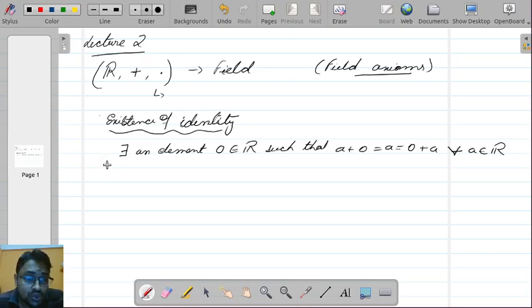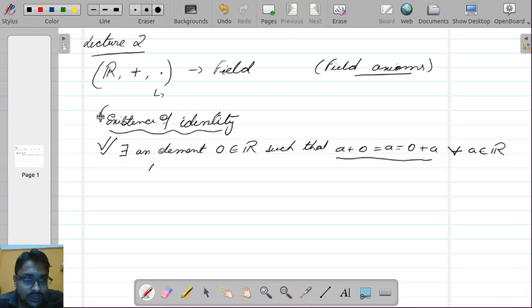Our question is whether the identity element, or the 0 element, in R is unique or not. Can there be any other real number which satisfies this? When I make this type of statement here, we are not talking about uniqueness, we are just talking about existence.